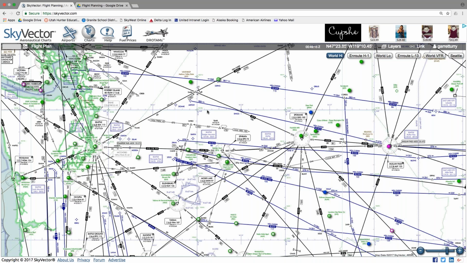So this is your course. For our true airspeed, for our simplified, we're going to use 400 knots. And then our wind direction, we've got 235 and 58.